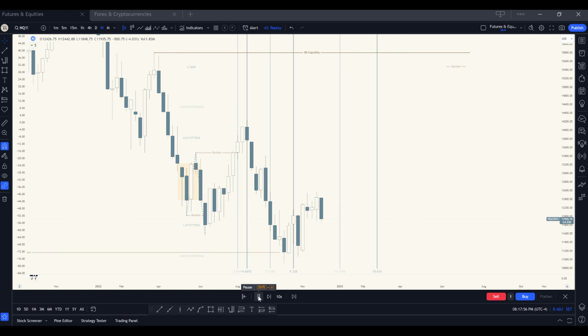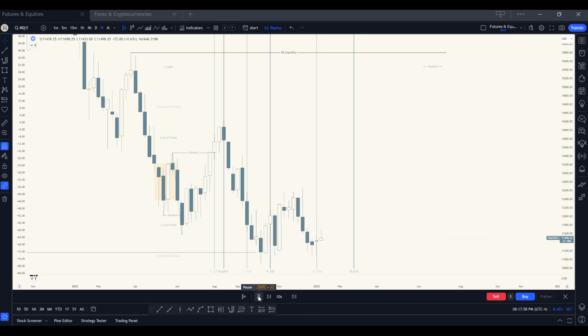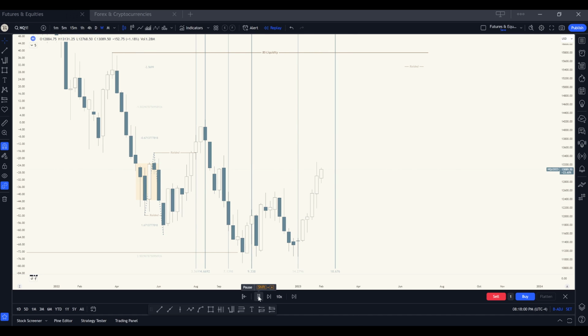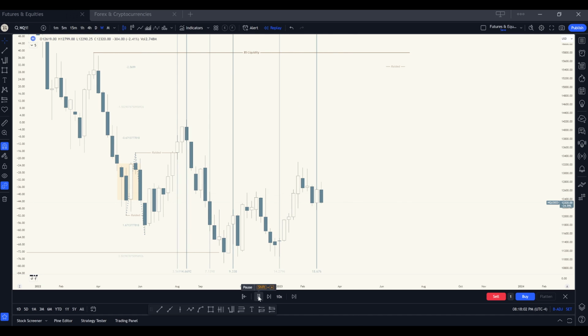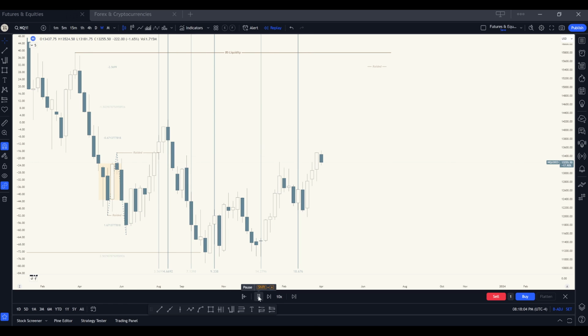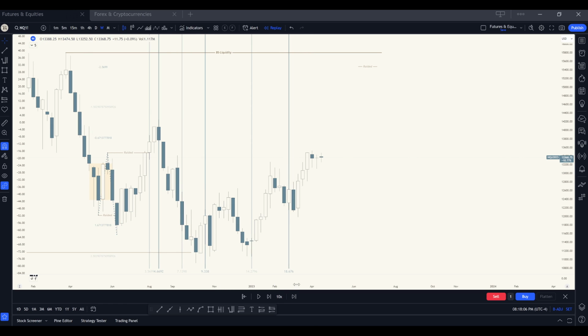What do you think it's going to do here? I mean, it did two things here. And this is an issue with the fib time theme because the ranges are getting wider and wider over time. So it both projected a high and a low within the same range, right?